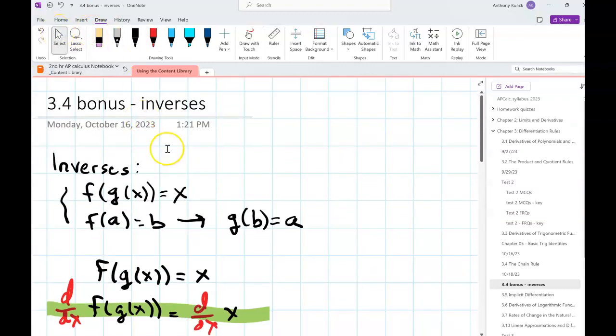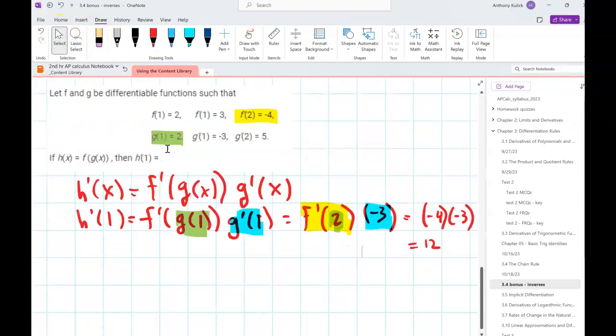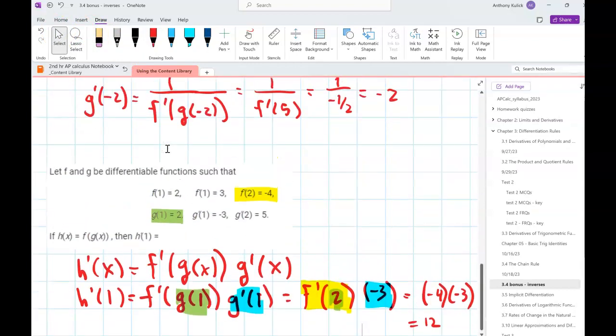Does that feel okay, Emma? Yeah, so this was me doing the chain rule, differentiating that. Right, so just derivative of the outside times derivative of the inside.